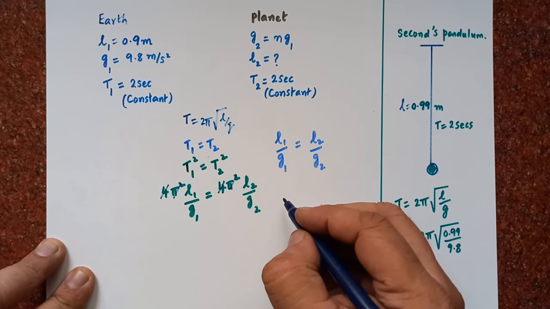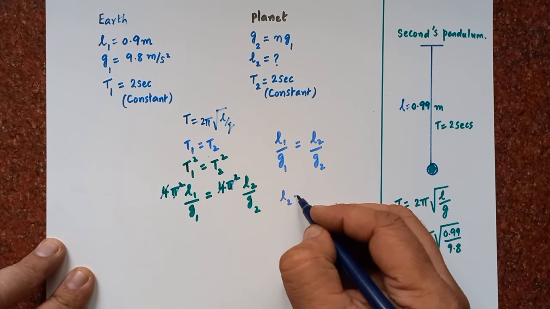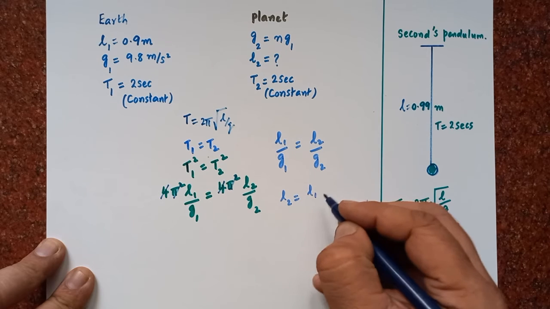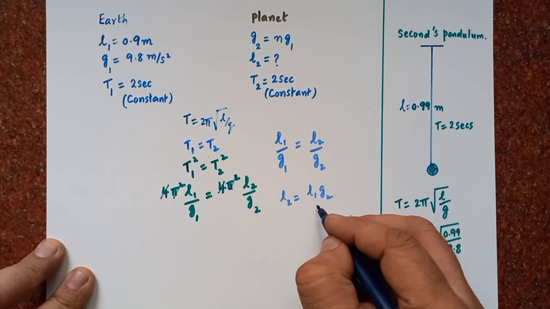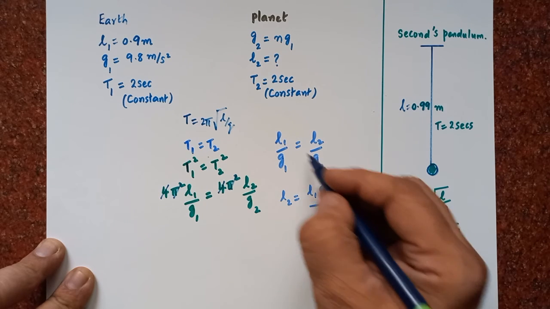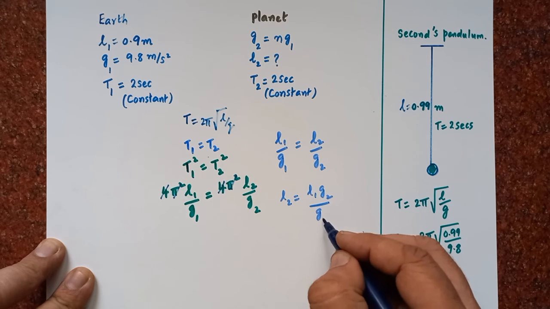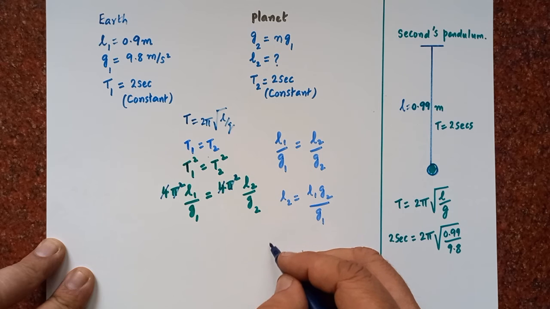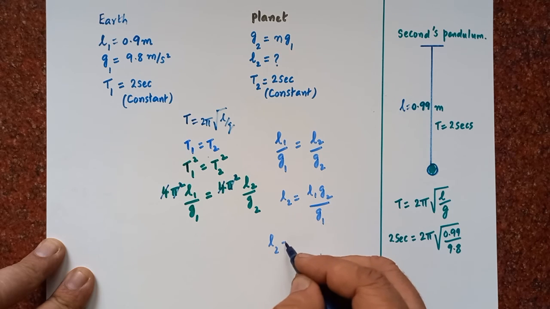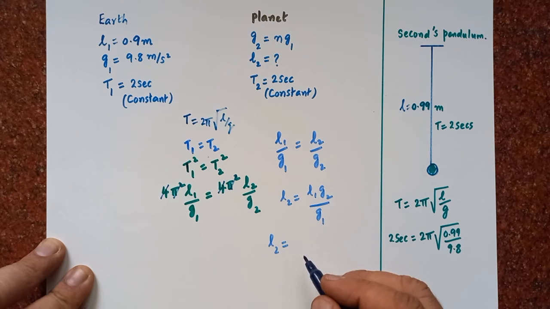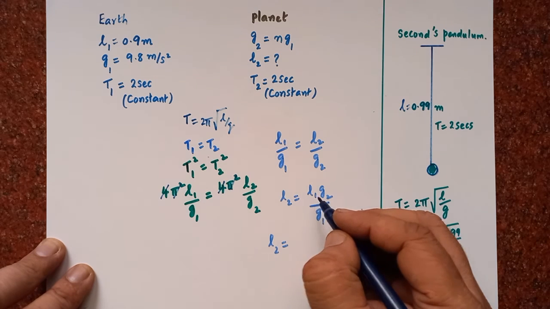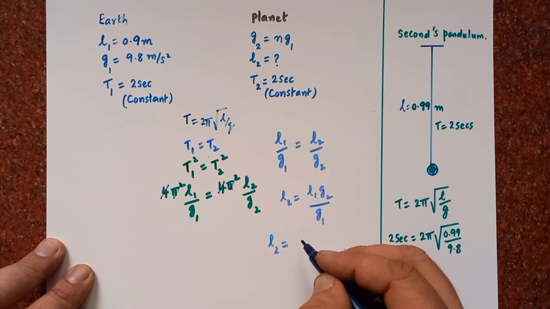L2 is required. So L2 is equal to L1 g2 divided by g1, by cross multiplying. The length of the second pendulum on the surface of the planet is to be found out. Here we know the value of L1.